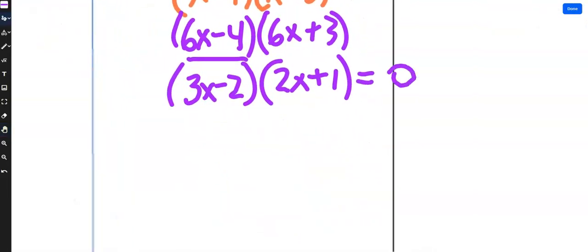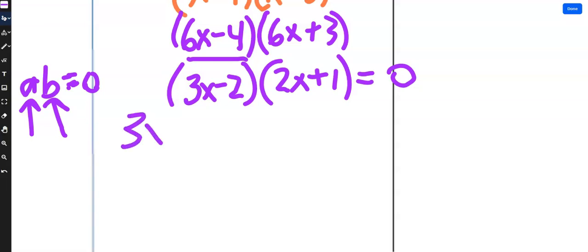Keep in mind that's equal to 0. So, if you have two things that multiply together to give you 0, what do you know about one of those two things? Either this one's 0 or this one's 0. That's what you know.